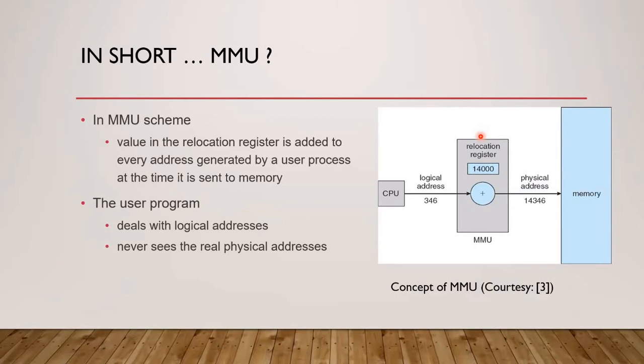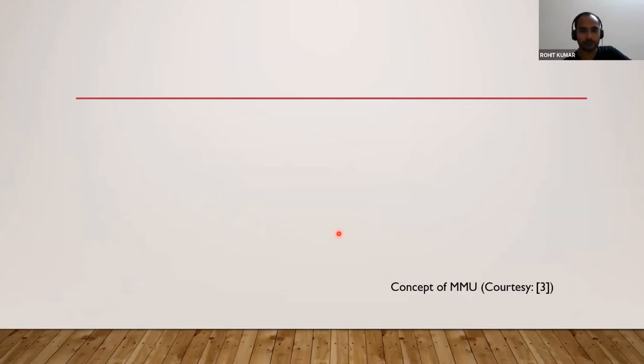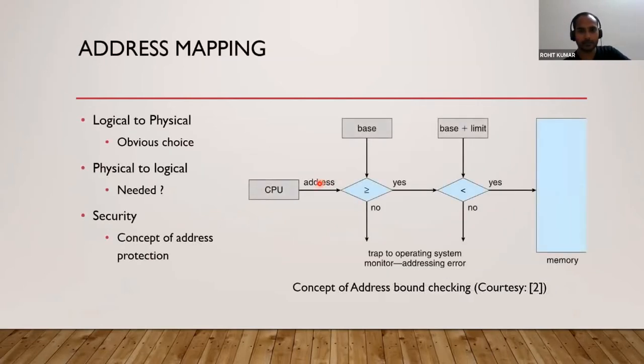It maps logical addresses to physical addresses by assigning a relocation. Yes. So did you understand the concept of relocation? See, in the last figure, we saw that the address generated by the CPU, meaning the logical address, should be greater than the base.